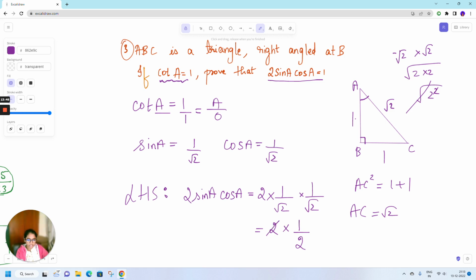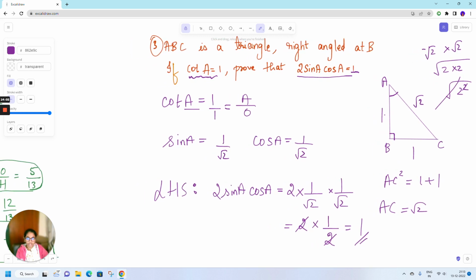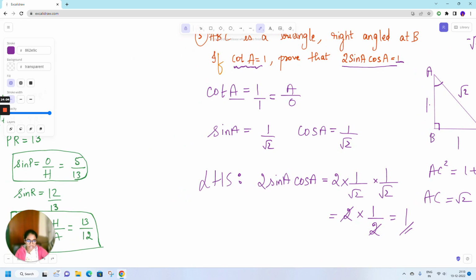Now this 2 and this 2 get cancelled. So our final answer is 1. We cannot simplify this further. So compare the RHS value. We have 1 here and we got the answer as 1. So LHS equals RHS.